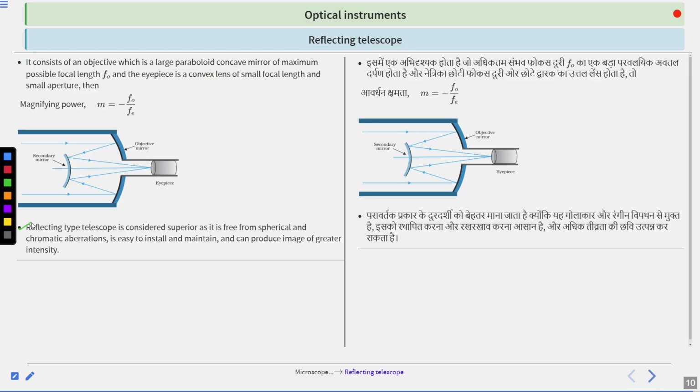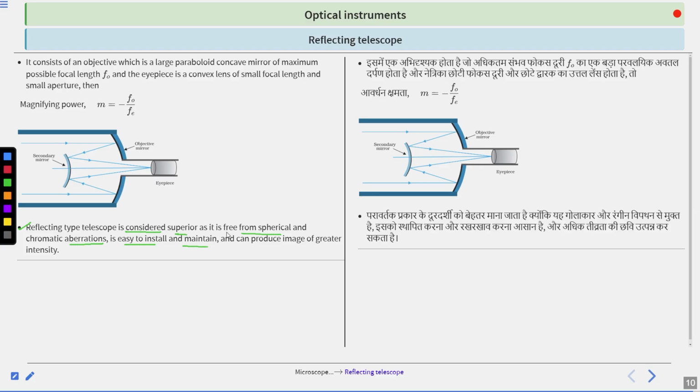Reflecting type of telescope is considered superior as it is free from spherical and chromatic aberrations. It is easy to install and maintain. So here the reflecting telescope is considered superior. Clear?